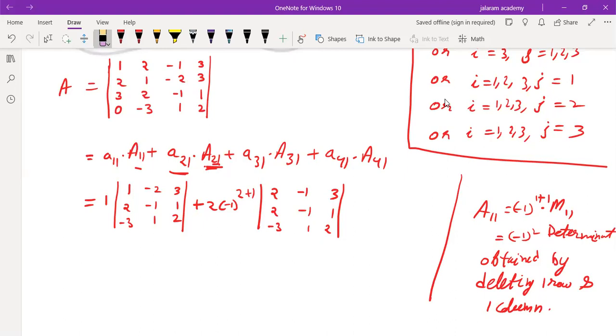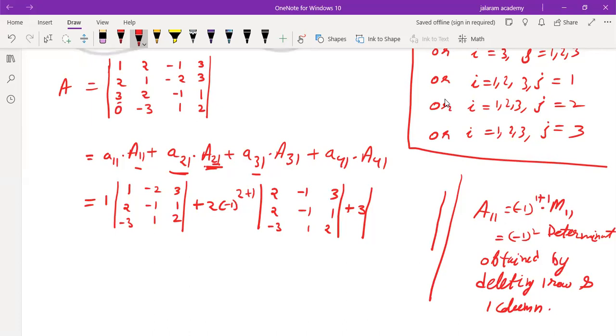So plus A31 means element of third row, first column, into the determinant obtained by deleting third row, first column.